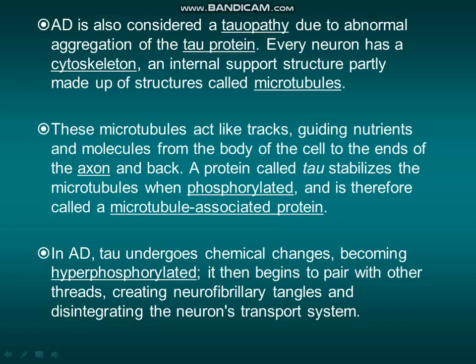Also, in Alzheimer's disease, there is what is named a tauopathy, which is due to abnormal aggregation of tau protein. Every neuron has a normal cytoskeleton, which is forming internal support for the neuron by a structure named microtubules. These microtubules act like tracks, guiding nutrients and molecules from the body of the cell to the ends of the axons and the back.